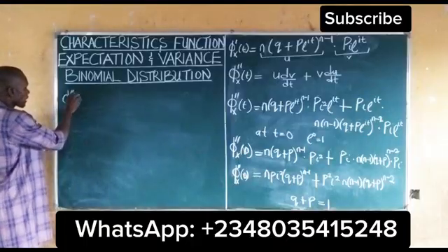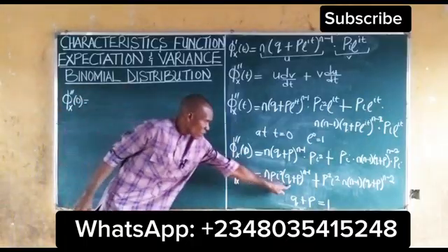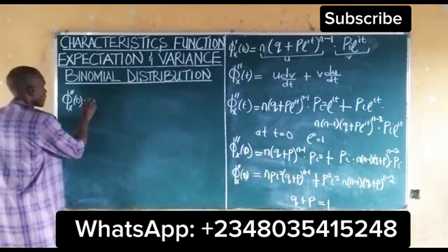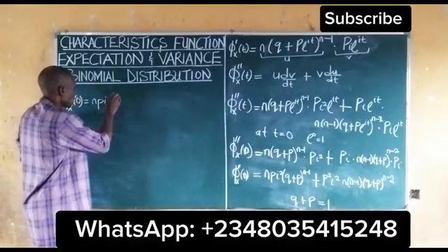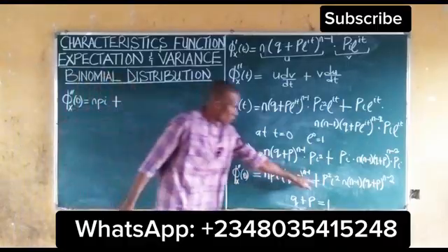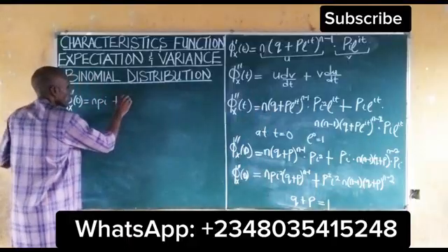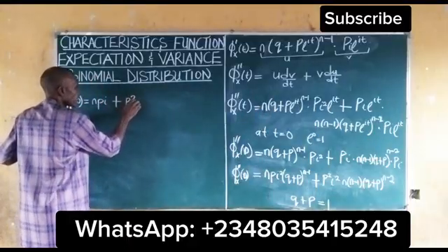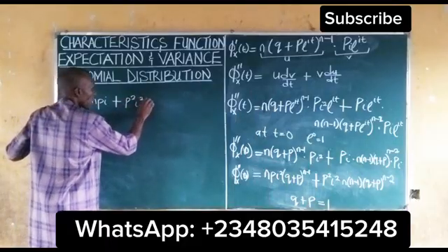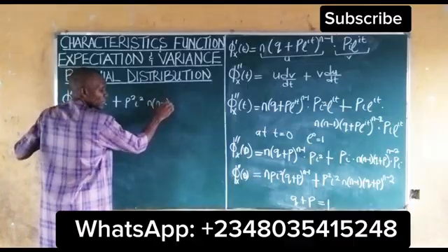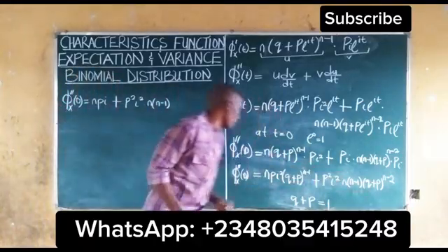So we have that our characteristic function at t equal to 0, the whole of this turns to 1. So we have npi plus p squared i squared multiplied by n into n minus 1, and the whole of this turns to 1.